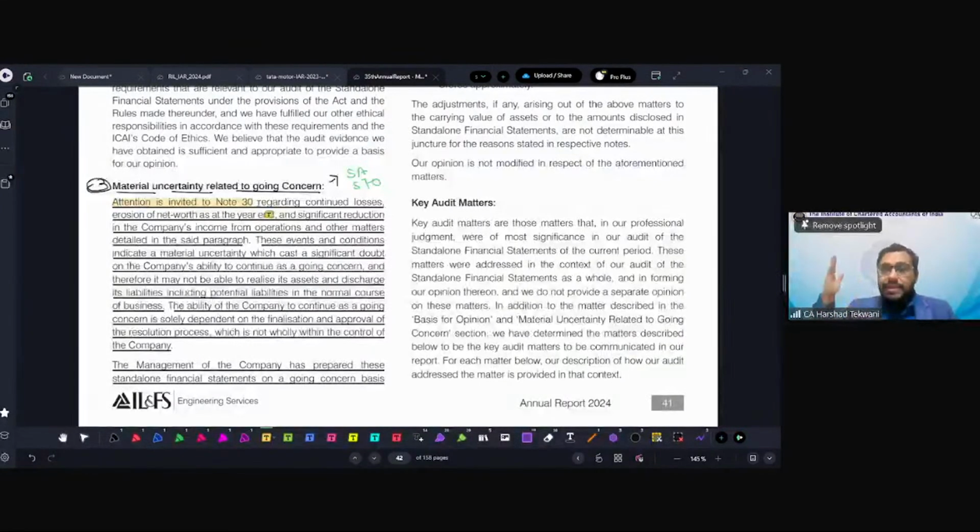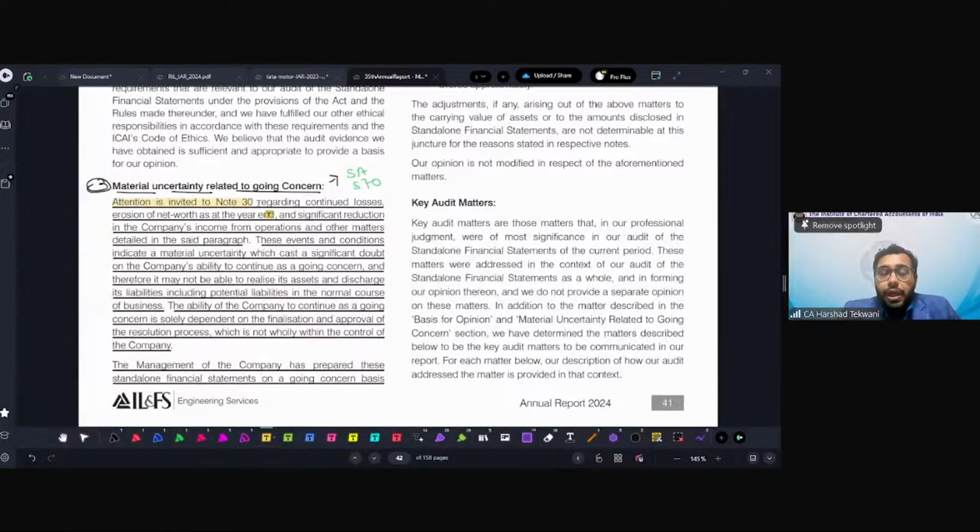I feel yes, there is a material uncertainty, but still the use of going concern basis of accounting is correct, because there is some additional information because of which the management thinks we will be able to continue and the company will not get closed. So even though there is material uncertainty, when the use of going concern basis is appropriate and management has disclosed appropriately, I'm just inviting the attention of the readers, nothing else.